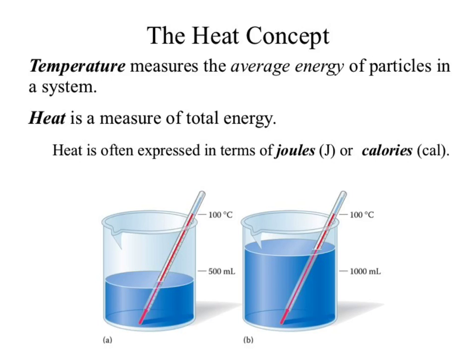So I don't feel quite as bad when I get the drop splashed on me as opposed to the whole pot. Kind of make sense? Okay? So heat is a way to measure all of the energy within an individual sample. We use joules or calories typically there. The next part that comes out of this is that every substance responds to heat differently.